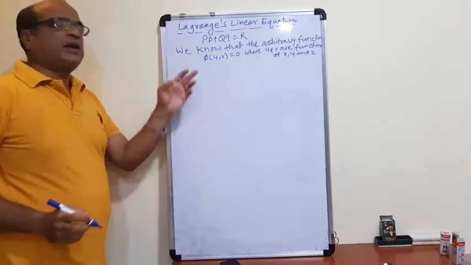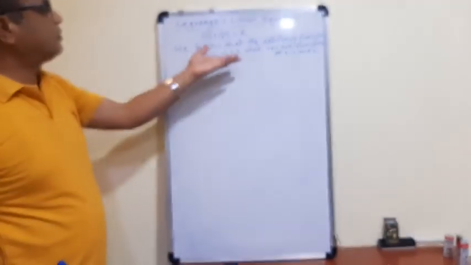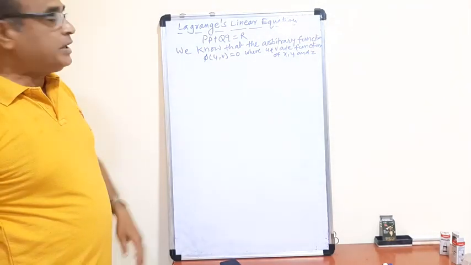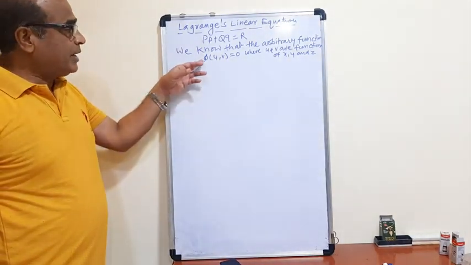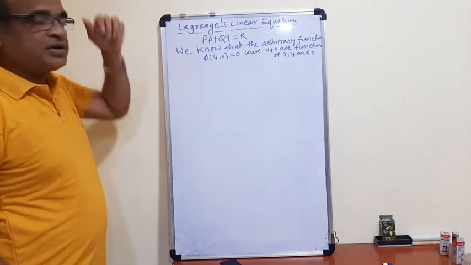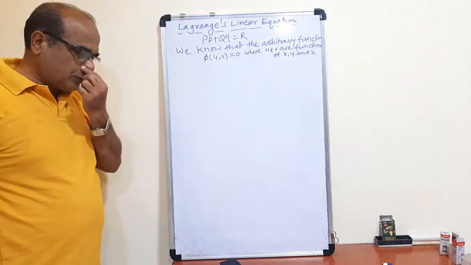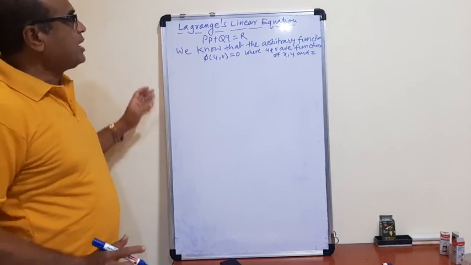So this is the arbitrary function phi of u, v equal to 0, and we eliminate the arbitrary function. Yesterday, we eliminated the arbitrary function and obtained the partial differential equation Pp plus Qq is equal to R.